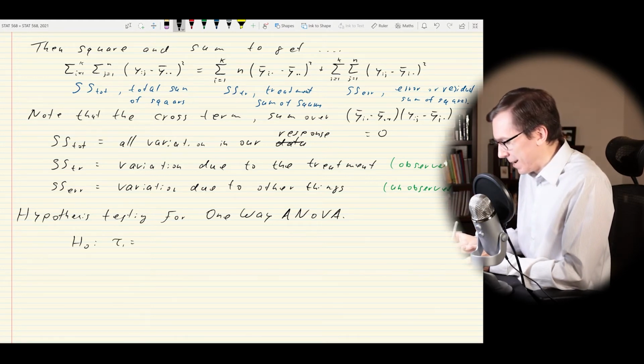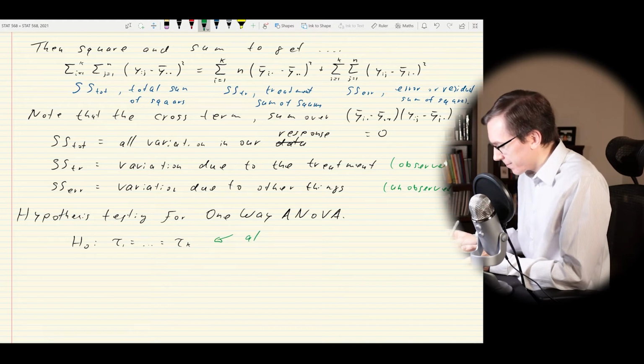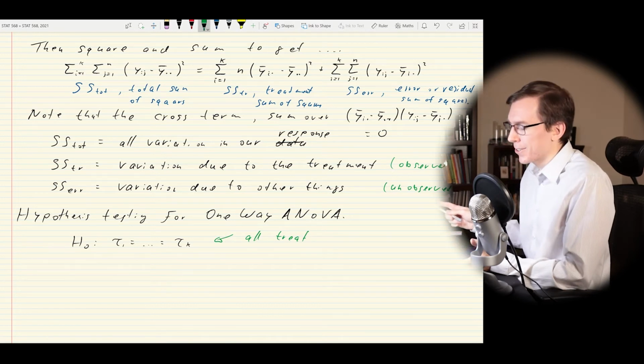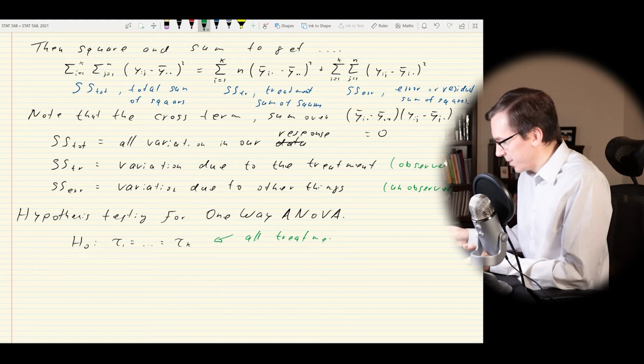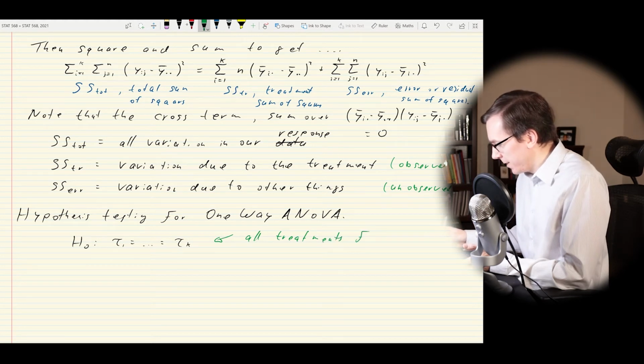In this case, our null hypothesis would be that all treatments, or factor levels, but we'll say treatments here, have the same effect on the response.